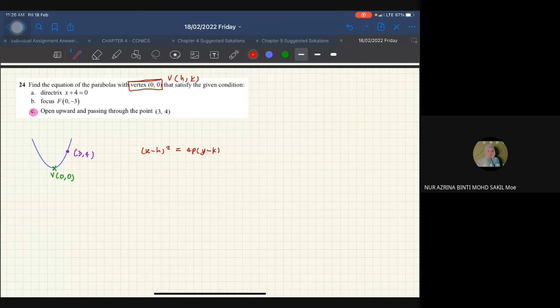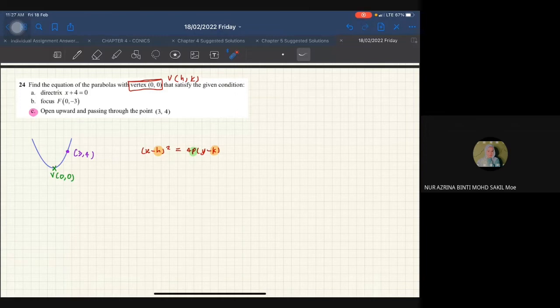Okay, so kita dah tahu, we know the value of h, we know the value of k. Okay, tapi kita tak tahu value of p. Okay, so looking at this information that you have already given by the question, macam mana awak nak cari nilai P? How are you going to find P?